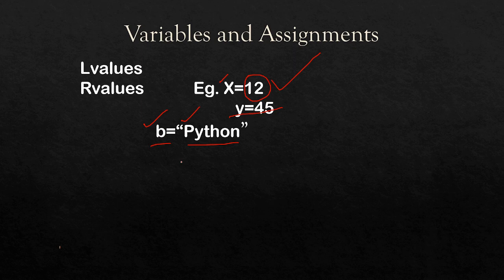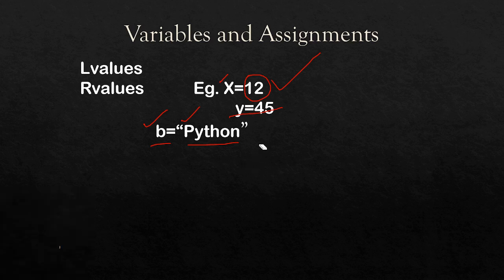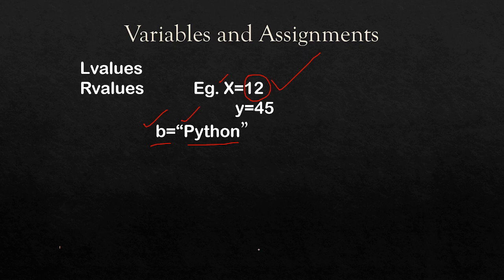Before that, you have to know what x equals 12 or y equals 45 is. Actually, x equals 12 is an assignment, where we are assigning the value 12 inside the variable x. Sorry, x is a variable and we can say it is an identifier in Python. Y is an identifier in Python. B is an identifier in Python.